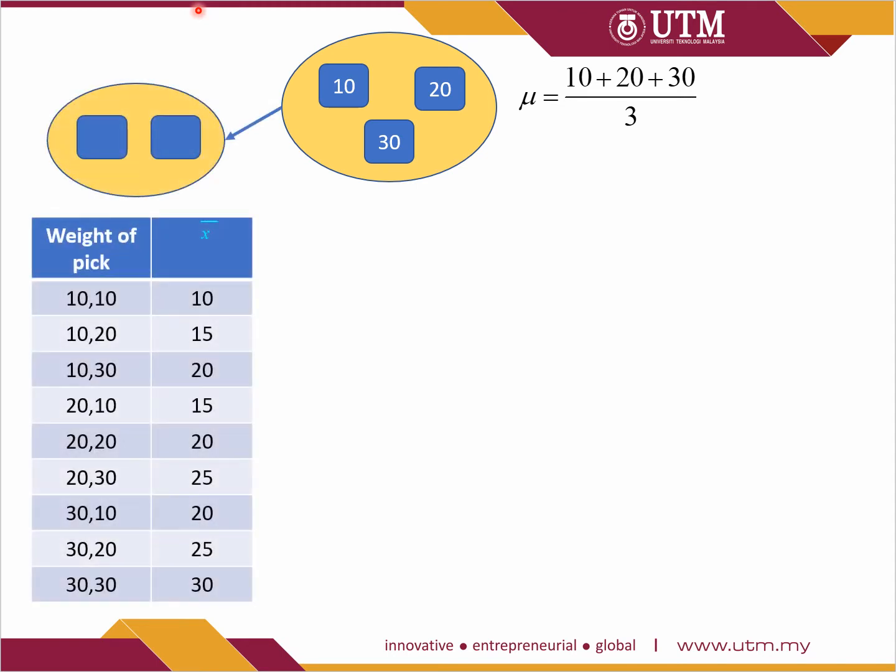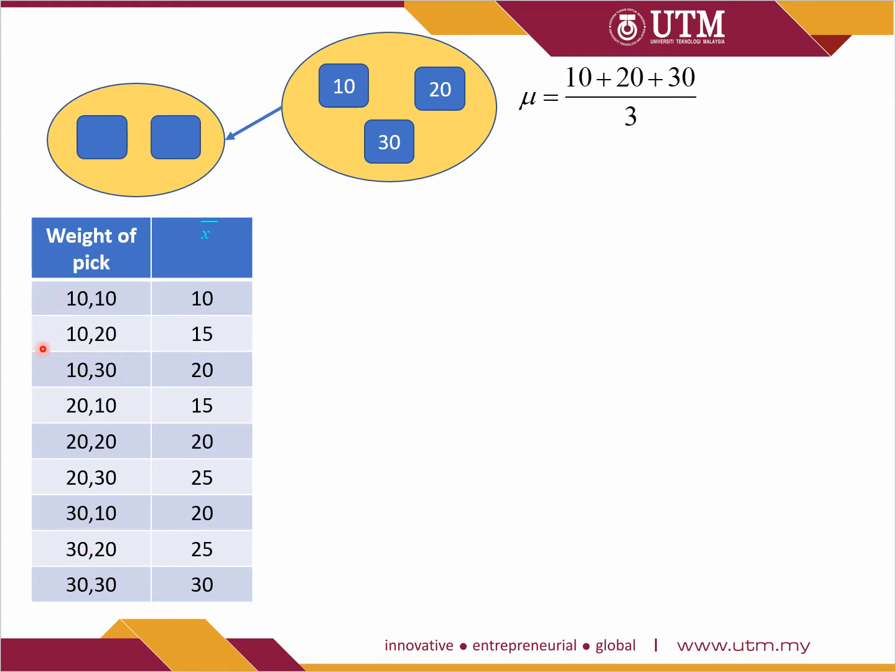pack of rice from this population. Okay, so this is the outcome of the events that we get, which is the weight of the pack. Let's say for the first event that we get is 10 kilos and 10 kilos, and then the second one is 10 kilos, 20 kilos, 10 kilos, and 30 kilos, and so on, up until 30 and 30 kilos.